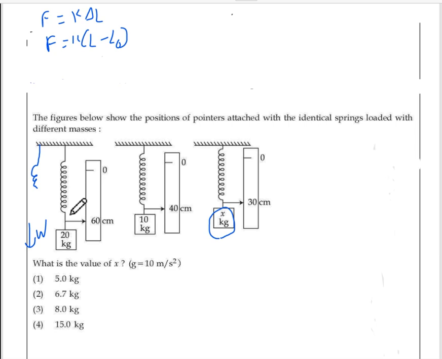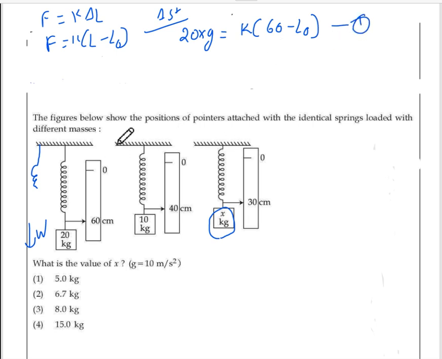For the first spring, the force is mg, which means 20 into g, where g is gravitational acceleration. So 20 g equals K into 60 minus L naught, since K and L naught are not given. Let this be equation 1.